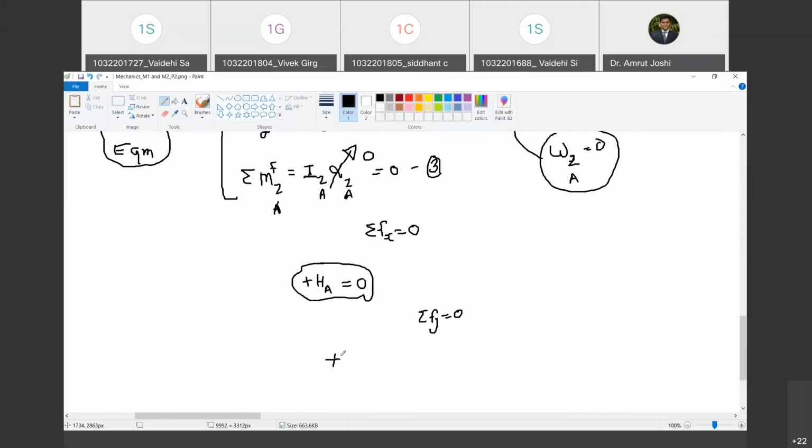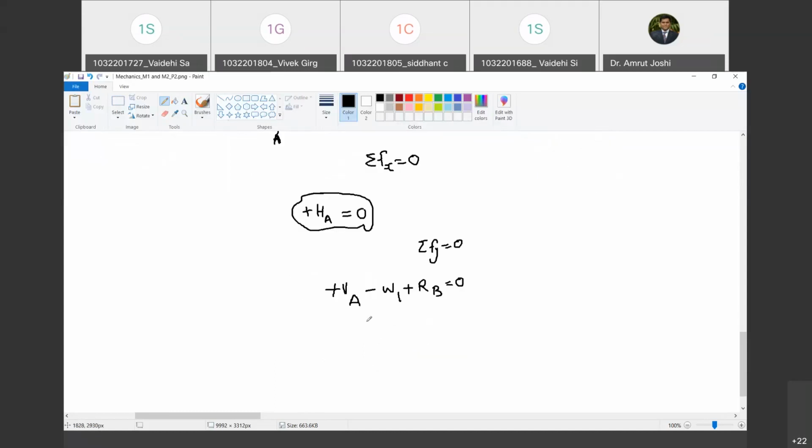Yes, sir. So plus VA minus W1 plus RB must be equal to 0. Happy? Yes, sir. This is the second equation. Let us take knowns on one side. W1 is known. VA and RB are unknown. So I will write VA plus RB equal to W1. Happy? Yes, sir. This is the equation that I have got.